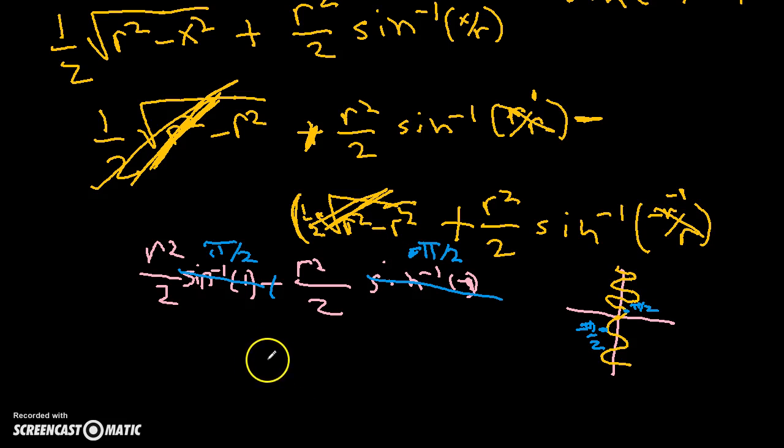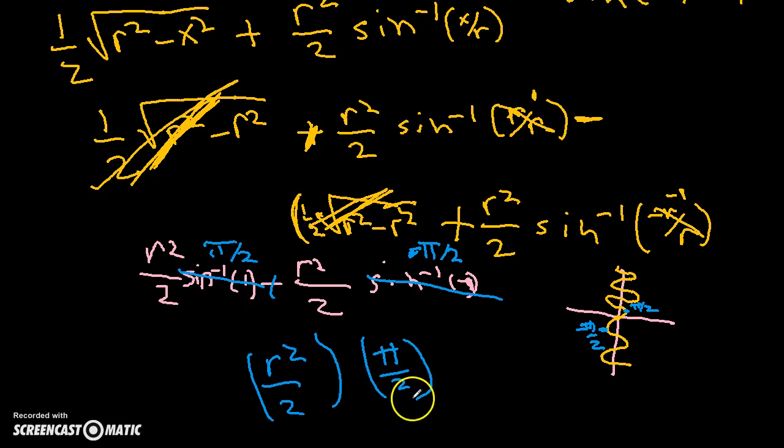So now let's rewrite this: r squared over 2 times pi over 2 plus r squared over 2 times pi over 2.